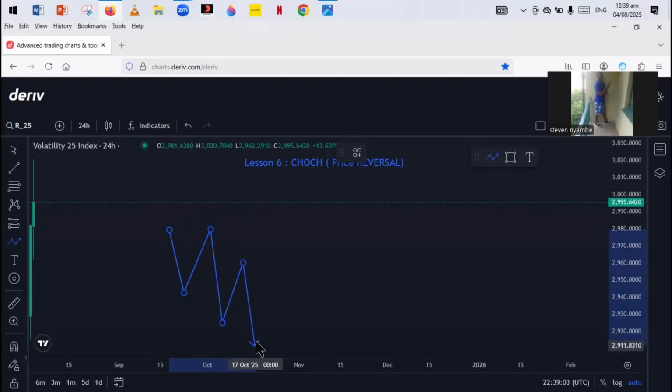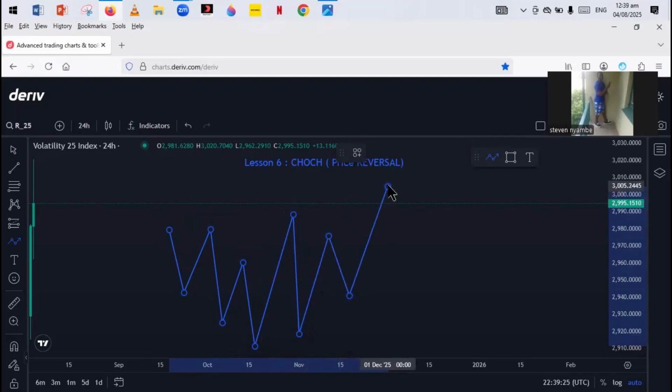Now, how to tell when price is reversing? Price changes bias when price breaks this lower high. That lower high. Like that.